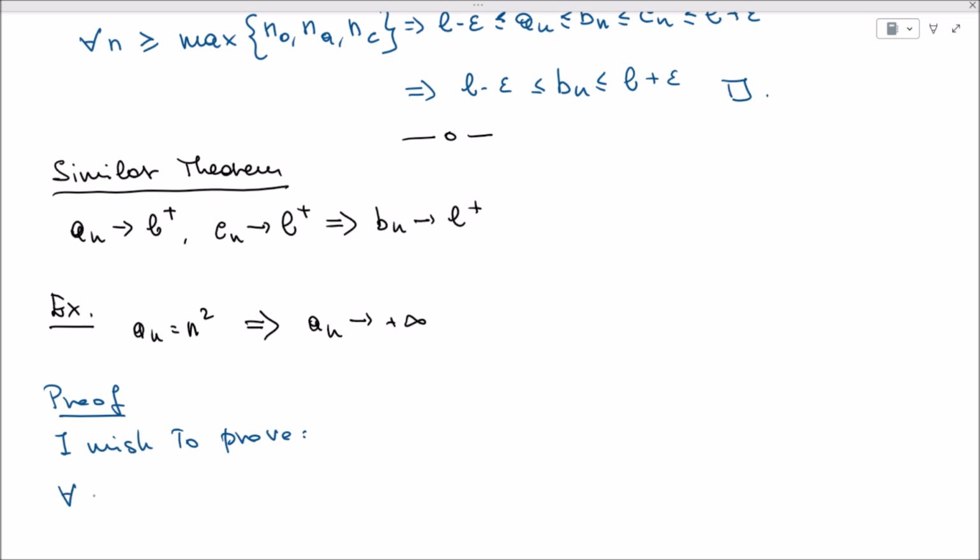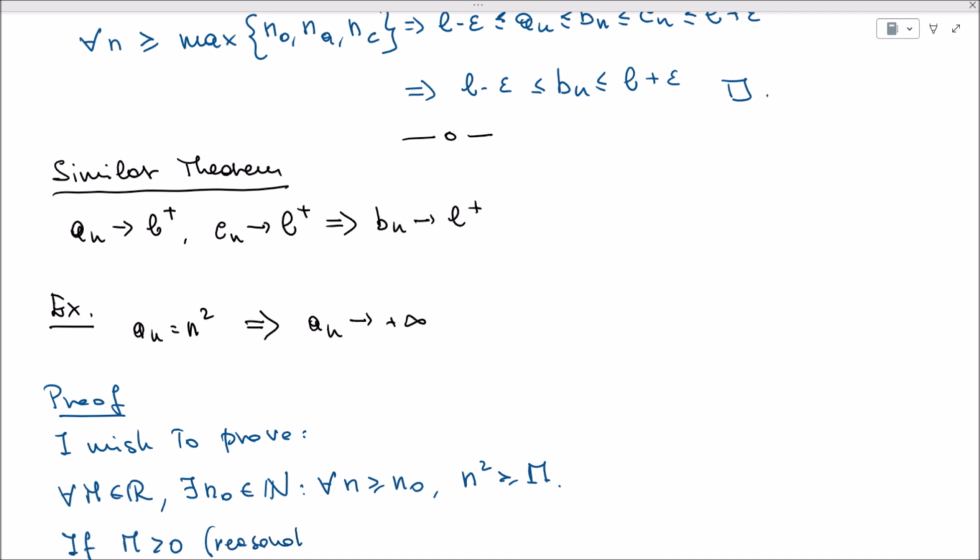That for every M real, there exists at least one natural number n0, such that for every natural number n larger than or equal to n0, well then basically the sequence, which is n squared, will exceed that limit, will be larger than or equal to M. Okay, now if M is larger than 0, which seems to be a reasonable choice, right?